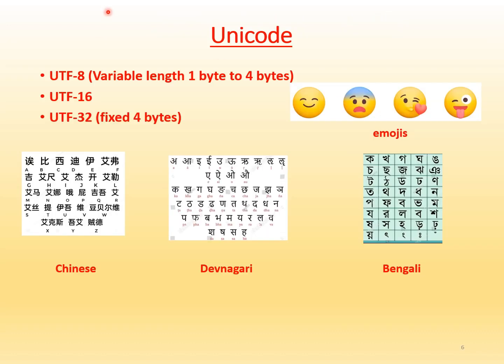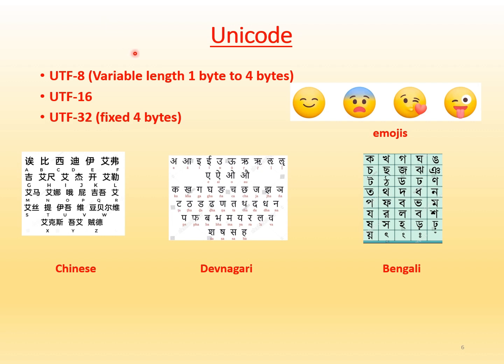Now the thing is that there are so many other languages in the world, and nowadays the computer can process all other languages like Chinese, Devanagari, Bengali. They have their own alphabets. So 7 bits of ASCII code was not enough to represent all of these languages.